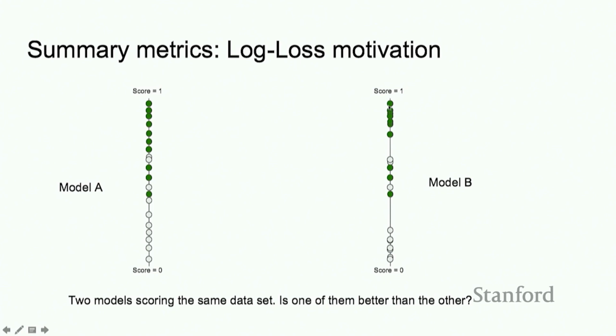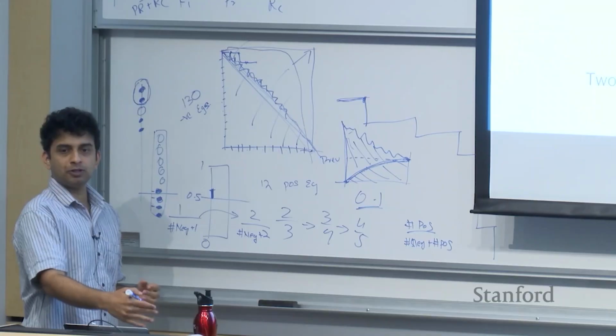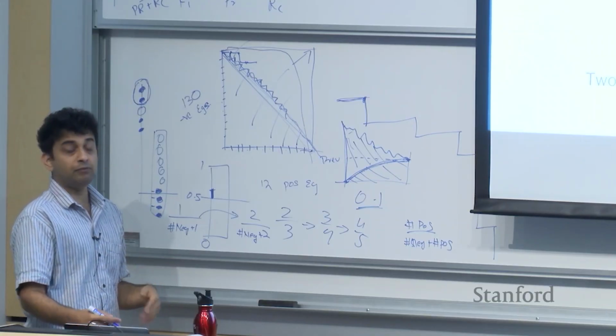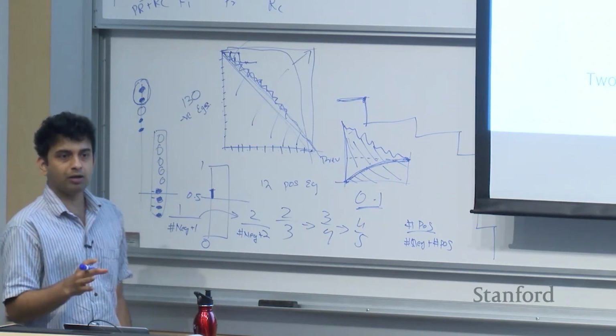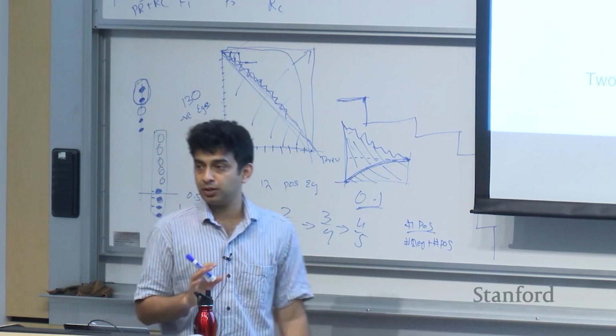And all the metrics that we've seen so far only cared about the ranking. For example, for the area under the precision recall curve, we were scanning the thresholds, but we were only making moves when we encountered the next positive or negative example. We didn't care what the threshold value was. We just looked at the order in which the positives and negatives were encountered.